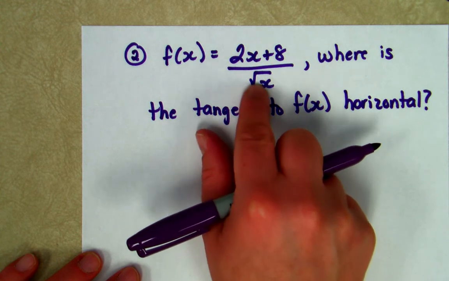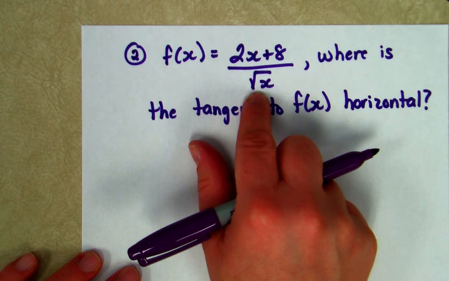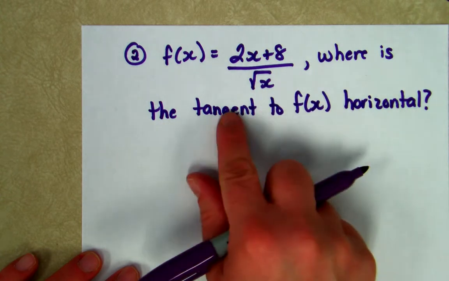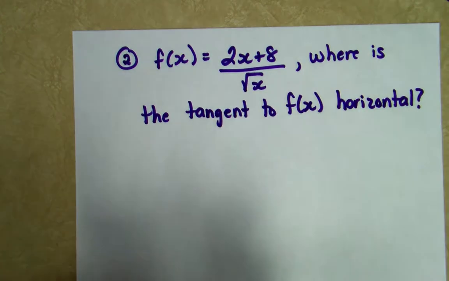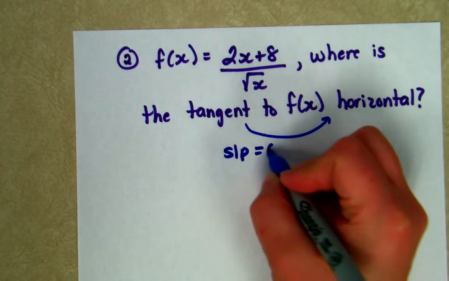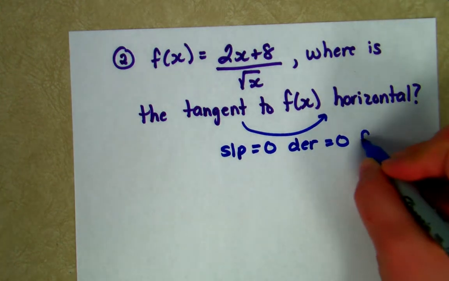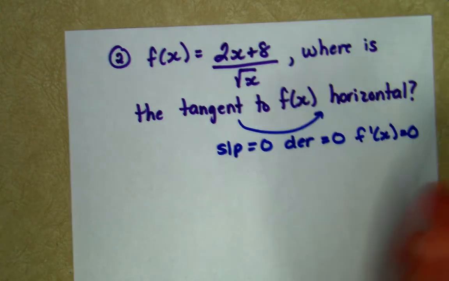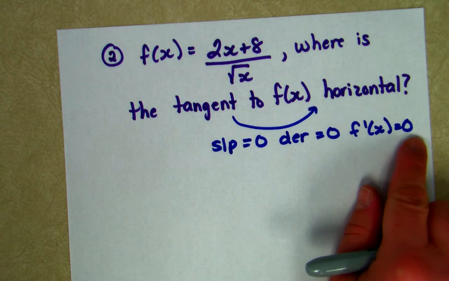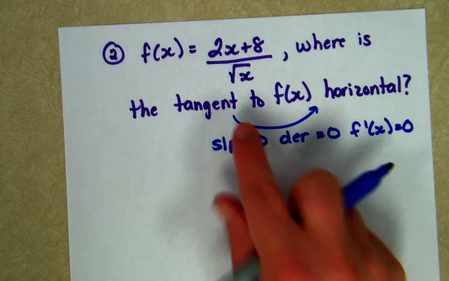So this is a quotient function because we have a top and we have a bottom. But now they want to know where the tangent to f is horizontal. Tangent horizontal means slope of the tangent equals 0, which means the derivative equals 0, which means f prime of x equals 0. So if I can find the derivative and set it equal to 0, that will give me the points where the tangents are horizontal.